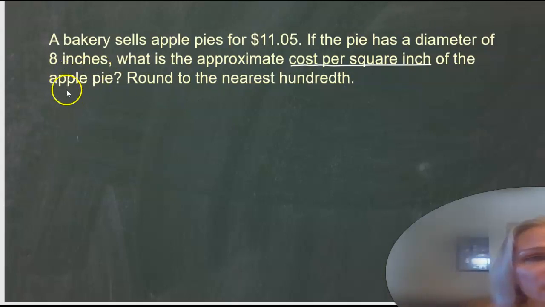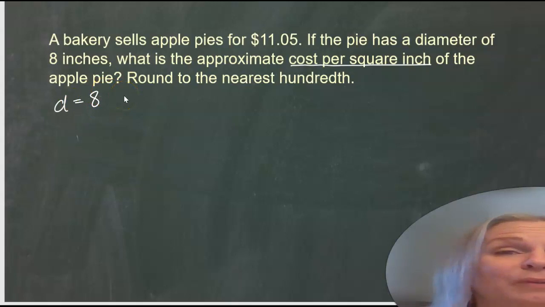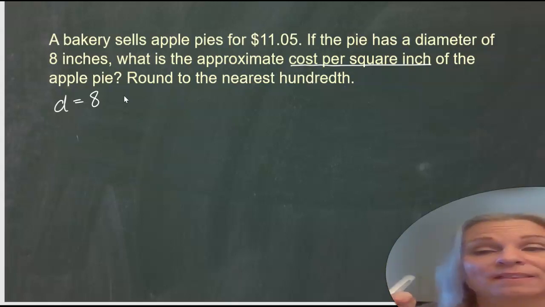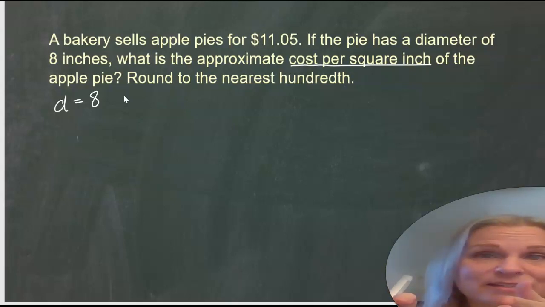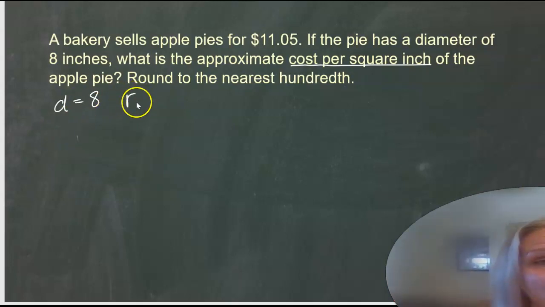So the diameter, it tells us in the problem, the diameter is 8. We don't need the diameter to find the area though, we need the radius. So if the diameter is all the way across and that's 8, then the radius is half of that, which is 4. Right? So let's find the area first.